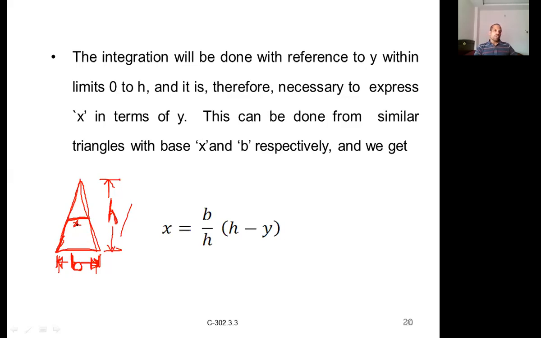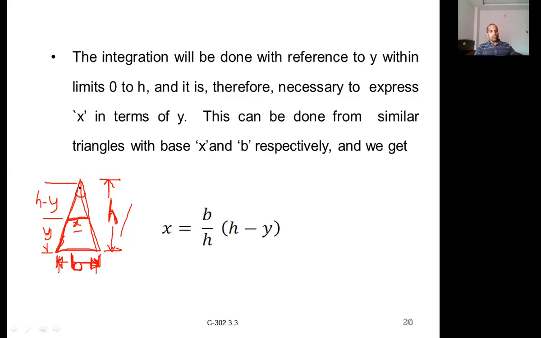Using this triangle, we express x in terms of b, h and y. This distance is y, so this distance becomes h minus y.